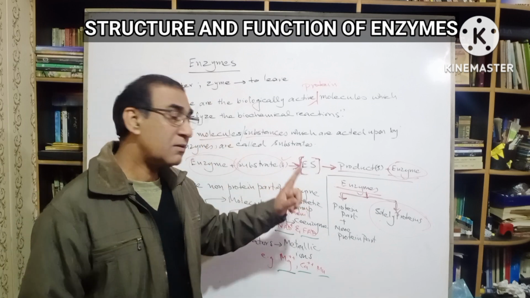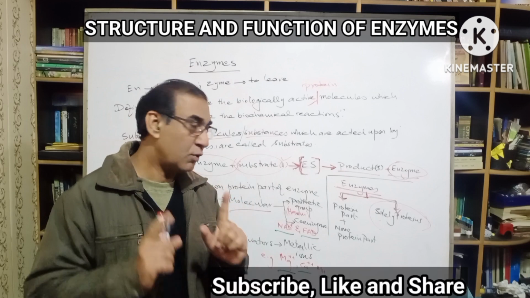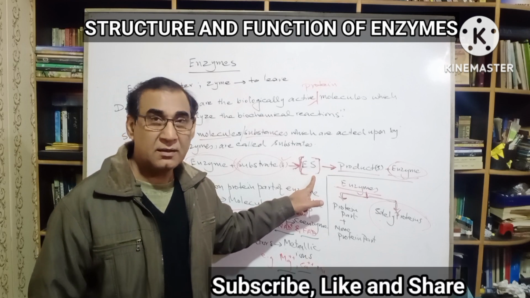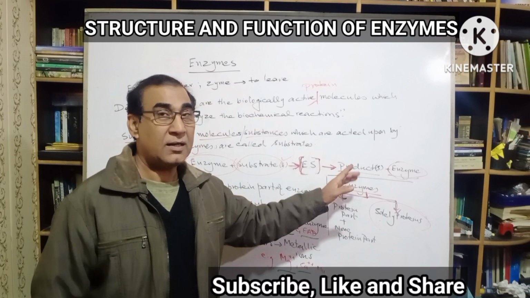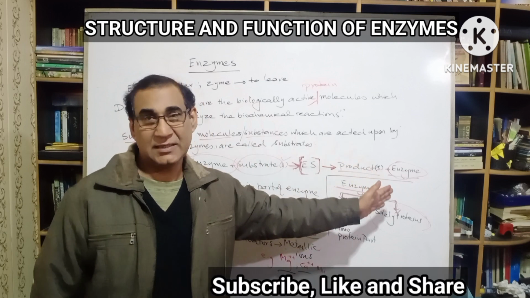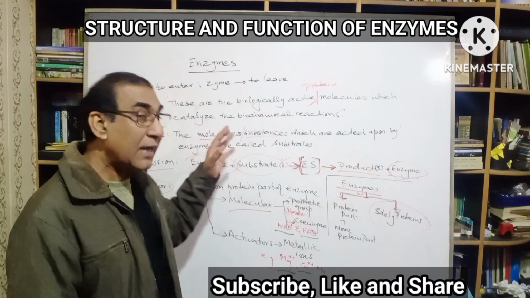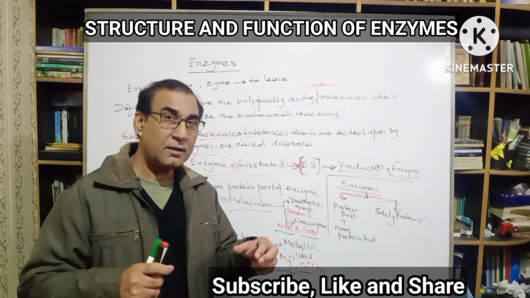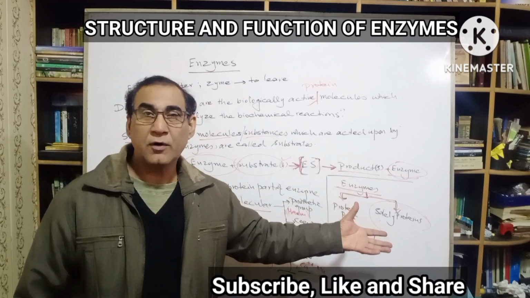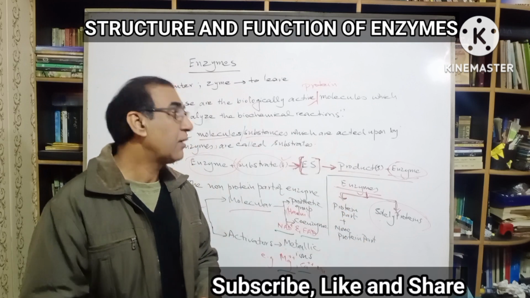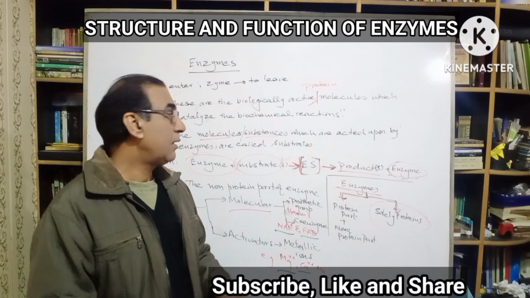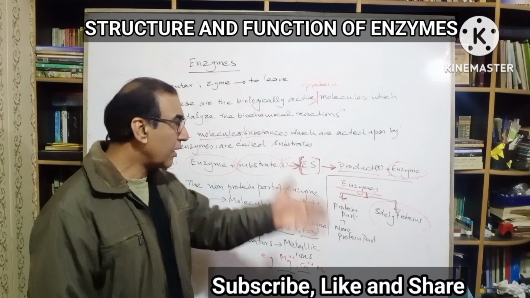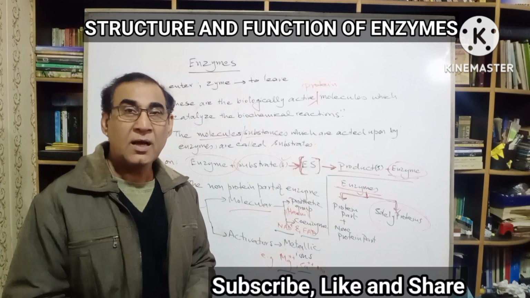In biochemical reactions, always the enzyme substrate complex is formed first, and then the products are formed and the enzyme is separated. In chemical reactions, always two reactants react and the product is formed; no enzyme is required. So here is the difference between enzymatic, biochemical reactions and chemical reactions. Thank you very much.